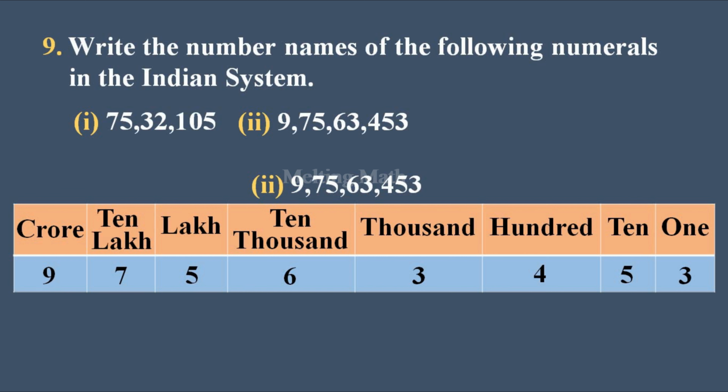Now we wrote places of each digit according to the Indian system. Then we can easily write this number in words according to the periods of the Indian system. This crore comes under the crores period, so 9 is there, so just write 9 crore. Then 10 lakh comes under the lakhs period, so here 75 is there, so just write 75 lakh.